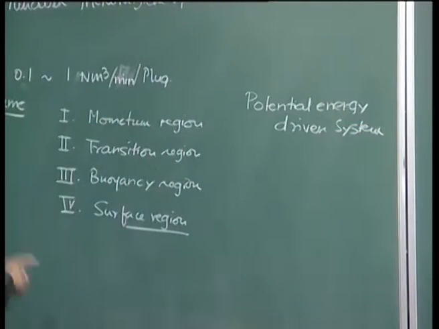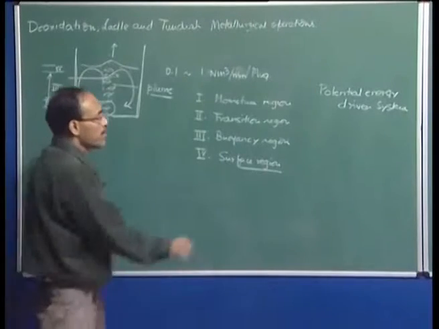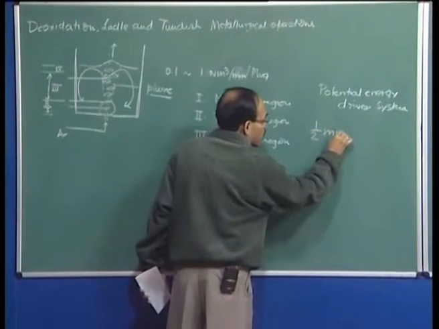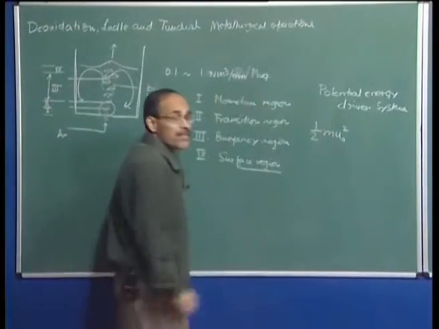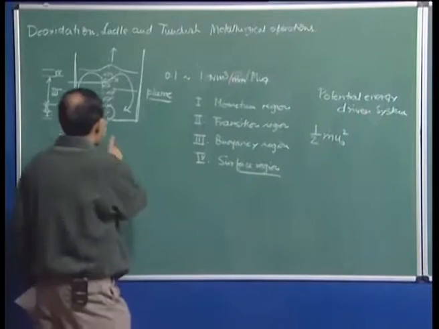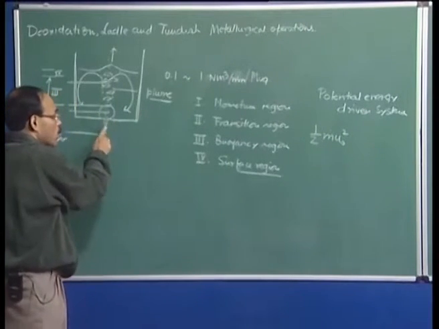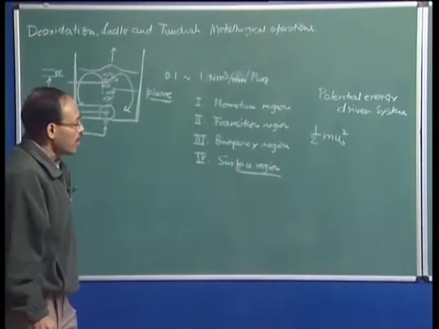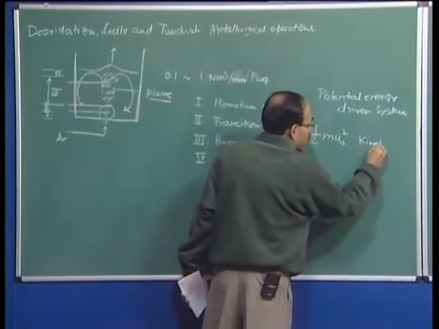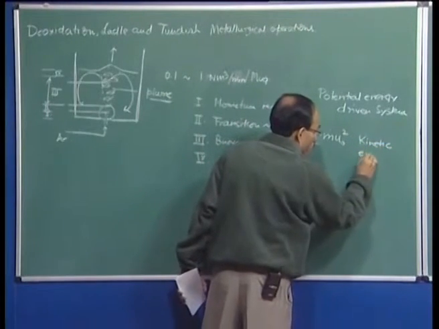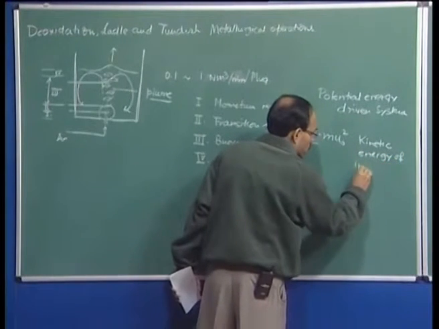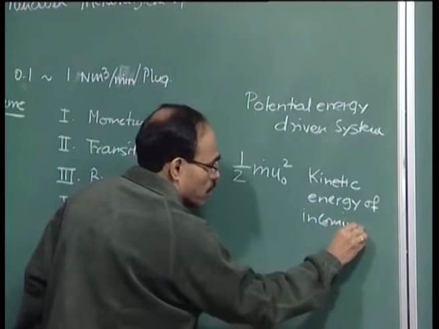The kinetic energy of the injected gas, I can say, is half m dot u0 square, in which m dot represents the mass flow rate and u0 represents the velocity or free stream velocity through the orifice itself. And this quantity, the kinetic energy of the injected gas, is extremely small.